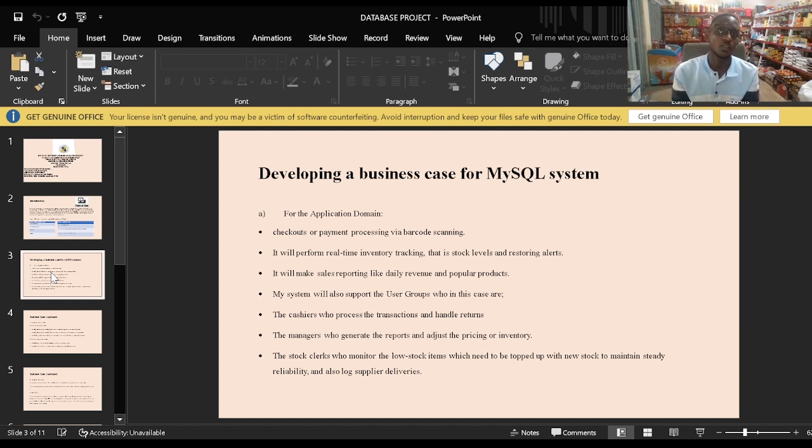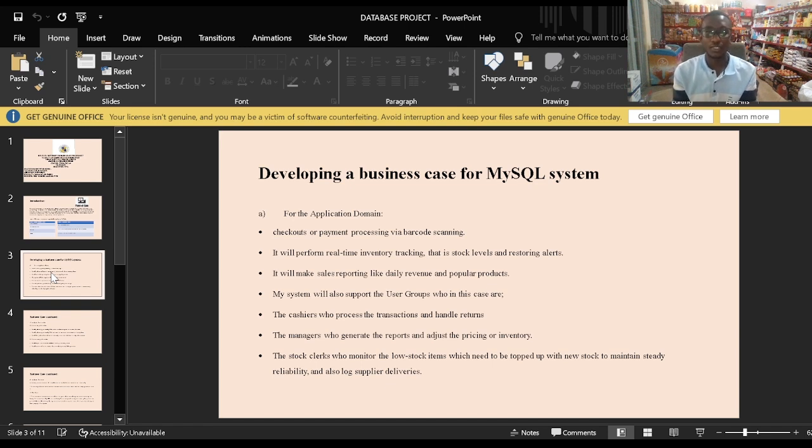Here we mean, let's say in our shop, just like this one behind me, we happen to have some commodities that are running short in numbers.